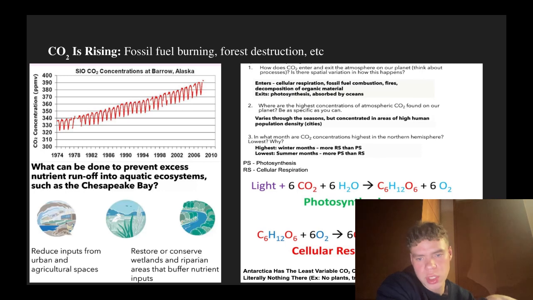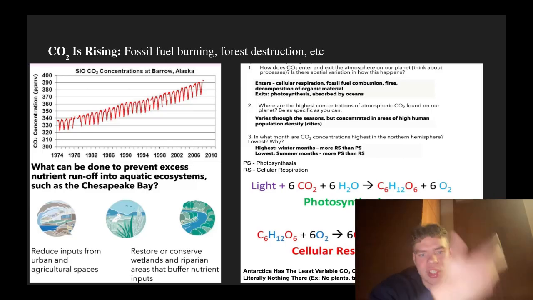So if you look at the equation below, when you do photosynthesis, that absorbs CO2. So obviously, when you're absorbing CO2, there's going to be less of it in the environment during the summer. But during the winter, when more cellular respiration is occurring within plants, they're releasing CO2. So obviously, CO2 concentration is going to increase.